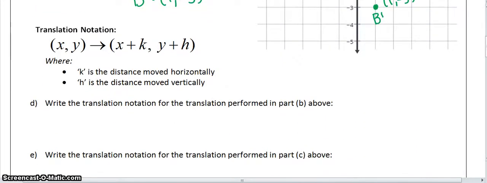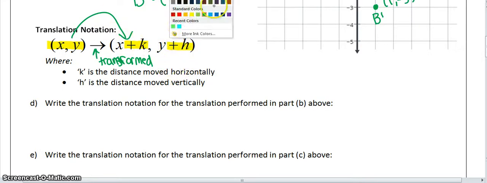Anytime you have a translation, we're going to use translation notation to formalize what we just did. You're going to take a point (x, y), and this arrow means that you have transformed it. So you start with this and go to this. It's just like writing an arrow. And the way you're going to transform it is adding something to the x and adding something to the y.